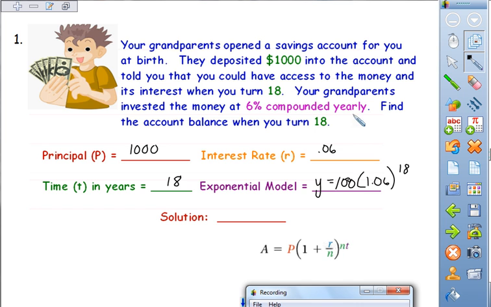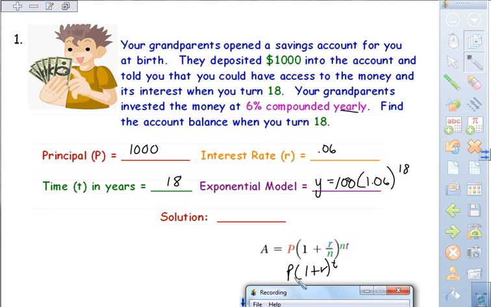So that yearly is a 1 and we don't need it anymore, because then our formula just turns into 1 plus R to the T. So if we work this on our calculators, you should be getting $2,854.34.